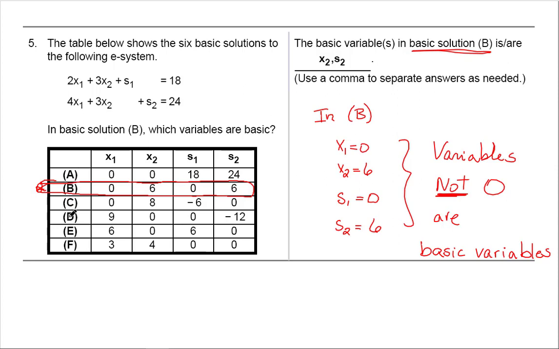A, B, C, D, E, F, these are the various solutions, we're looking just at solution B. What are the basic variables? Well, the basic variables are the ones that are not 0. So the basic variables are x2 and s2.